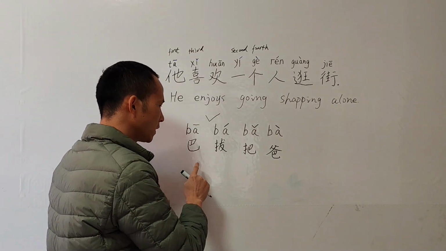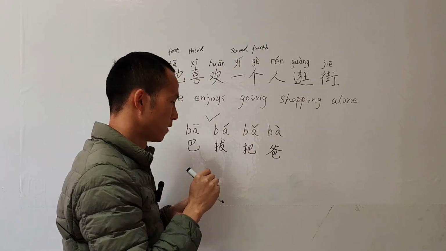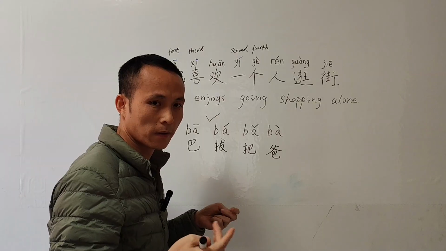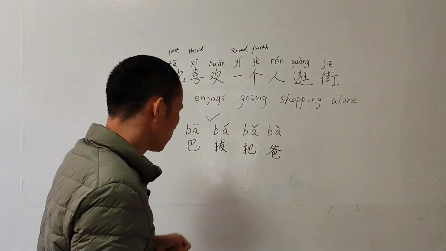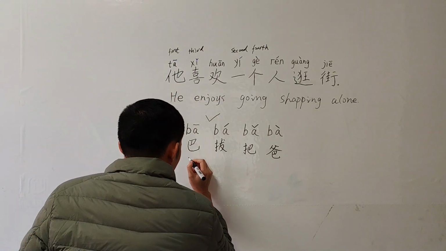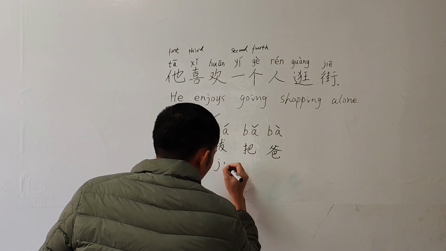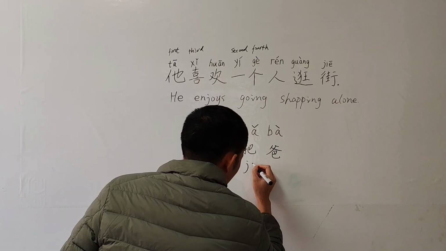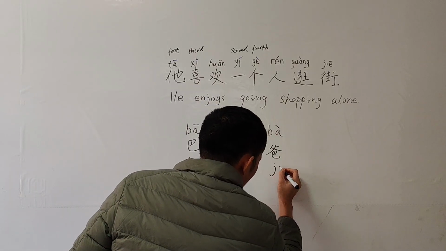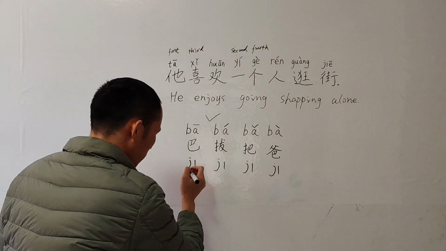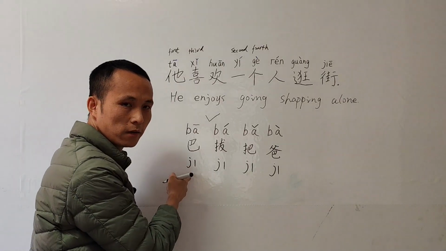Okay, maybe I just talk too much. Let me give you another example, if you still can't understand it. So another word, let's say, okay, this we call Chinese Pinyin.